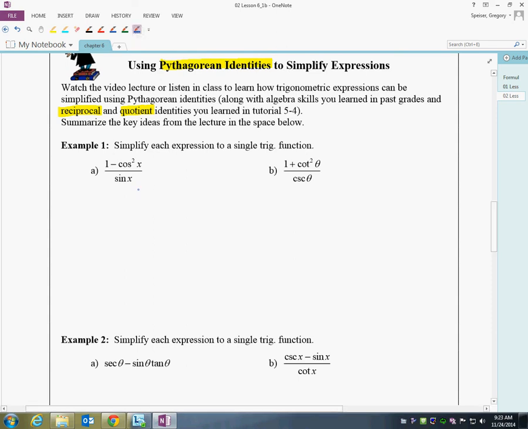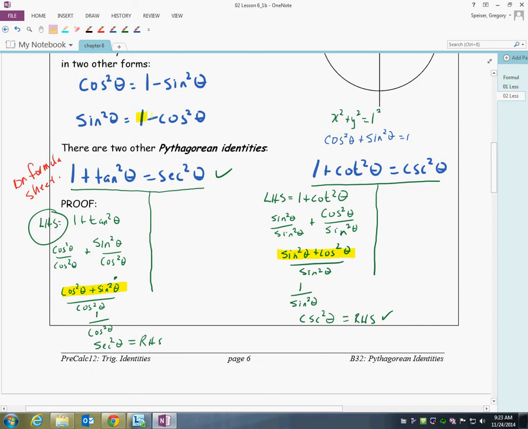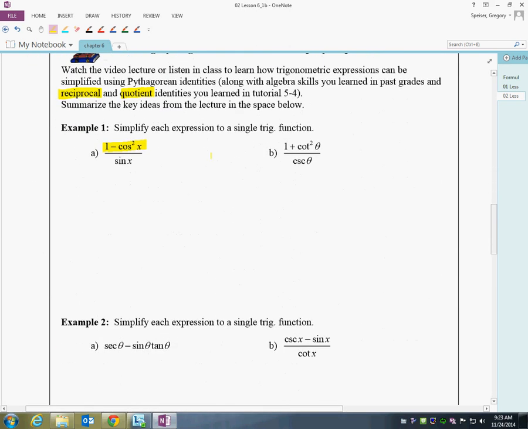Simplify each expression to a single trig function. 1 minus cos squared theta. So right away we're bringing out this 1 minus cos squared theta, and that's the same thing as sine squared theta. So in our very first step, we can say this is going to be equal to sine squared, no, it's not theta, it's x, so I'll write an x in here, all over sine of x.